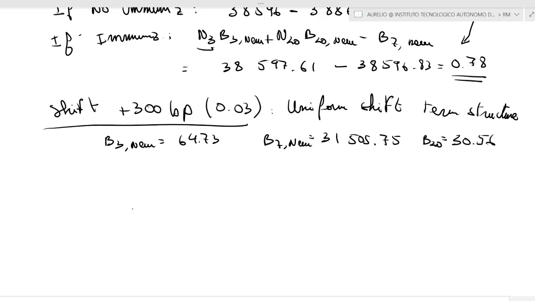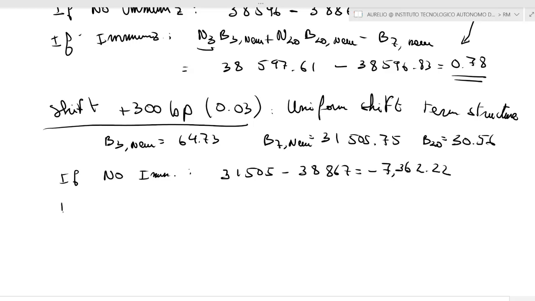Once again, if no immunization, then we would get a change in portfolio of 31,505, you have to include the decimals, I do not include it for short, minus 38,867 equals minus 7,362.22.